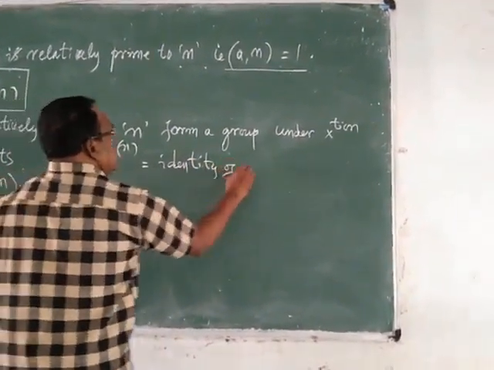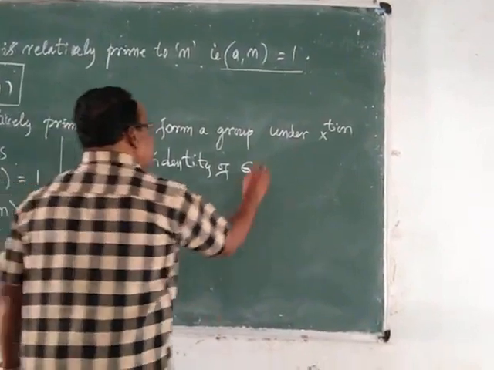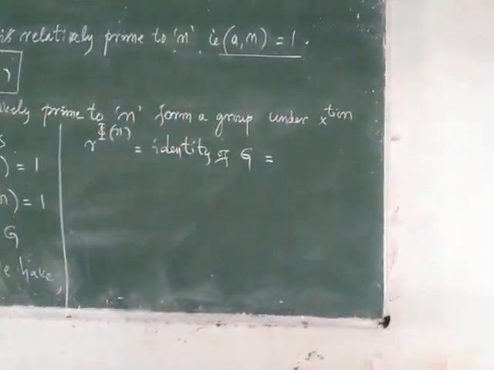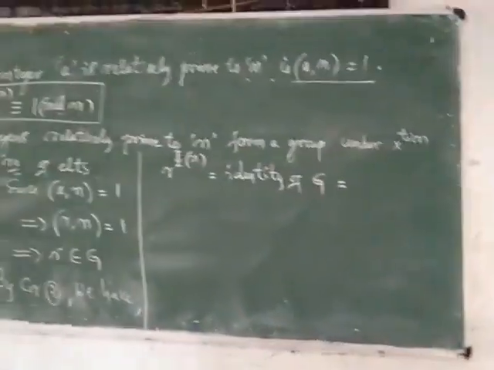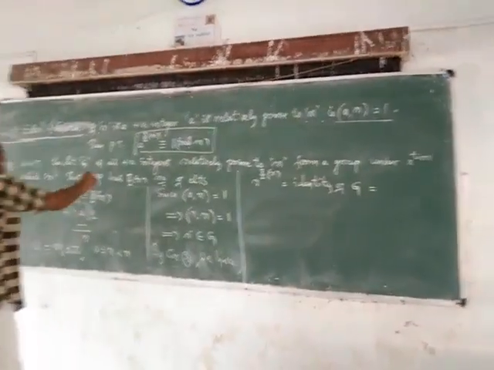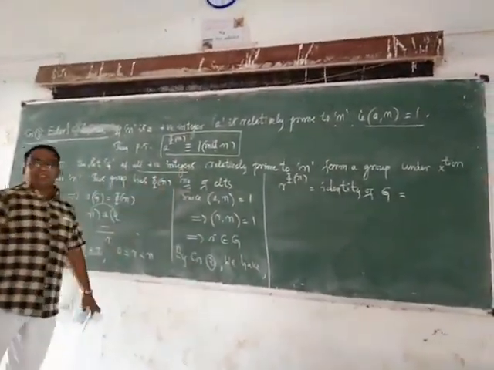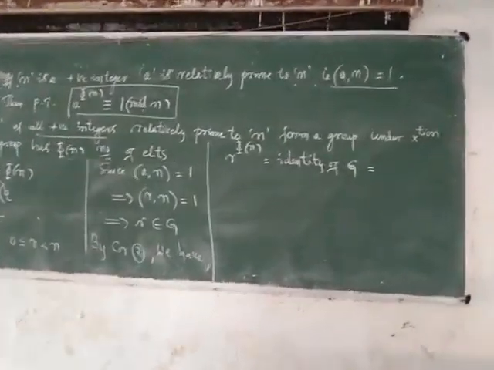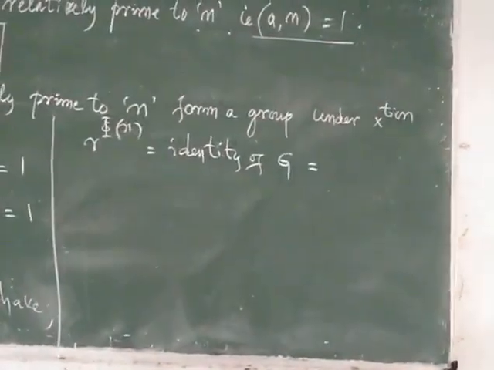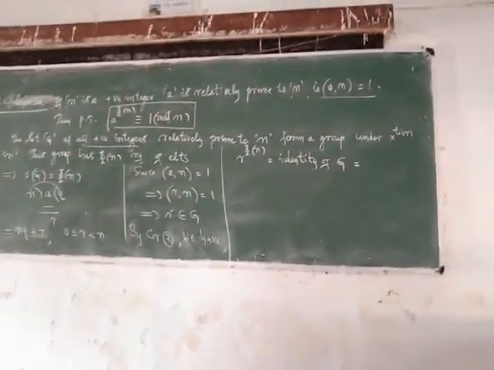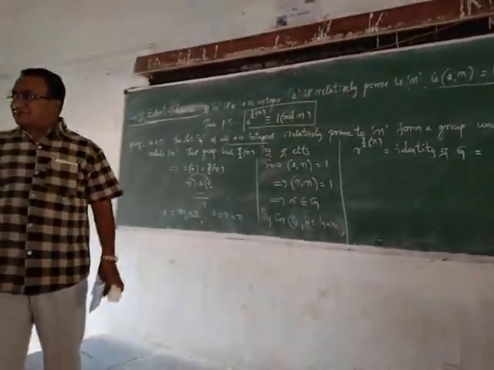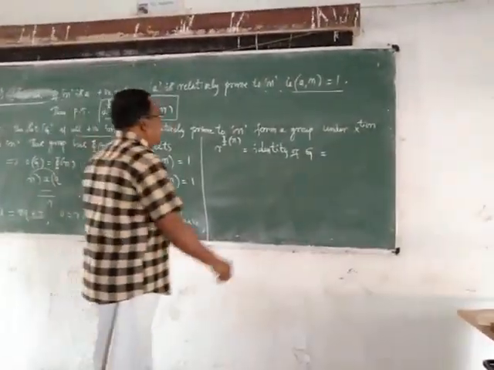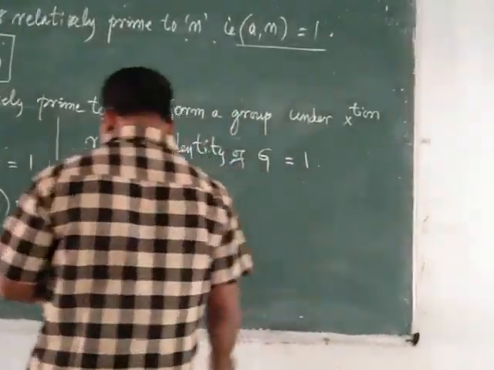What is the identity element of G, the set of all positive integers relatively prime to n? It is 1. The identity element of G is equal to 1.